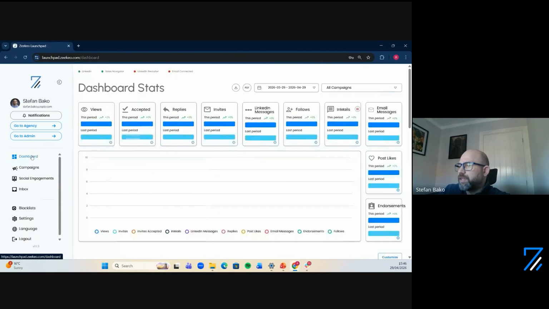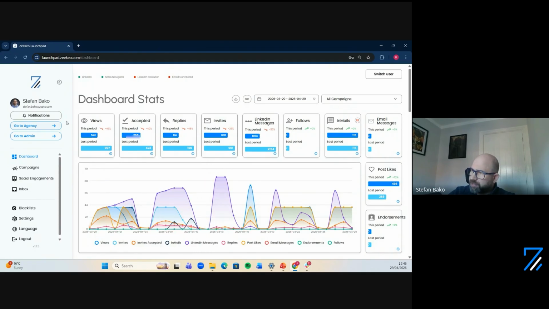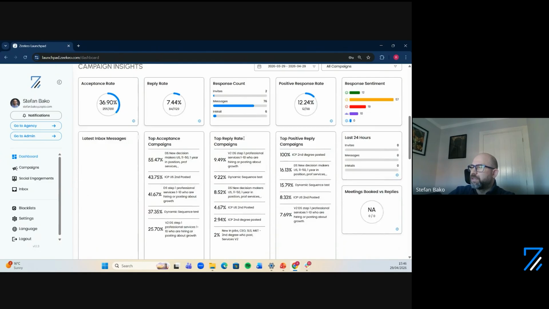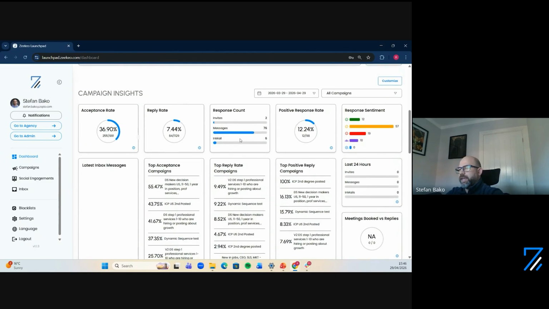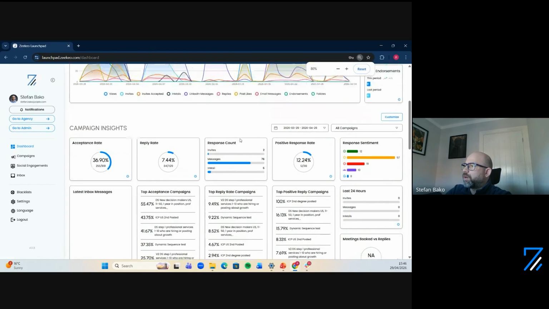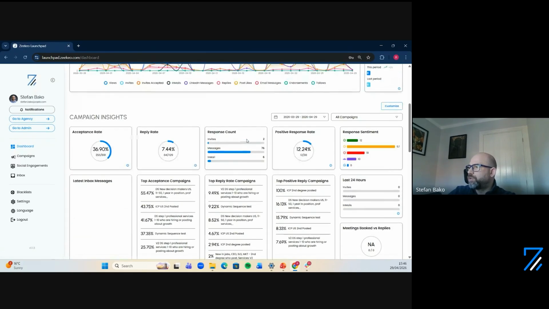Now, under the dashboard, you can see the progress, the output, but more important is the insights. And what changed? You can customize the dashboard. So you can keep acceptance rate overall, overall reply rate, response count.